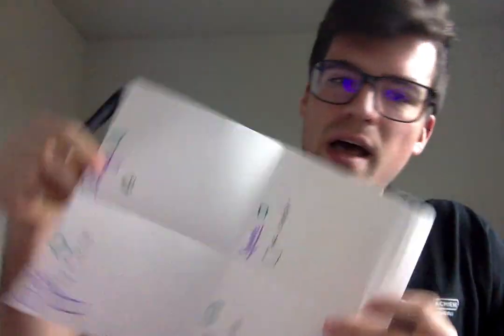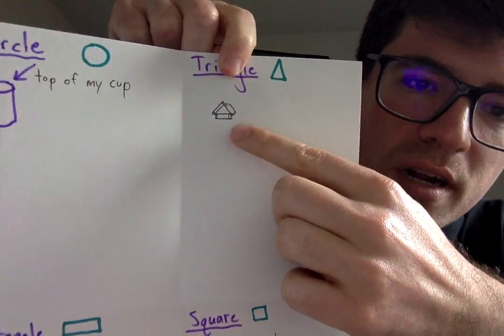So I put my markers on my table, and now I'm going to draw my markers on my chart under the triangle. And then I want to label my picture. So I drew my picture with my 3 markers making a triangle, and now I'm going to label it markers.